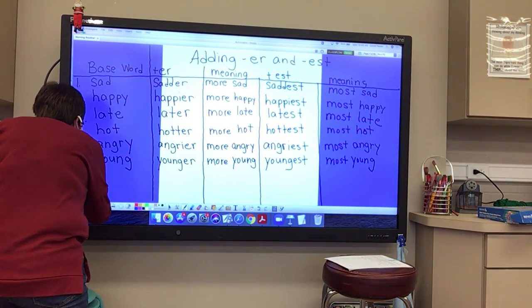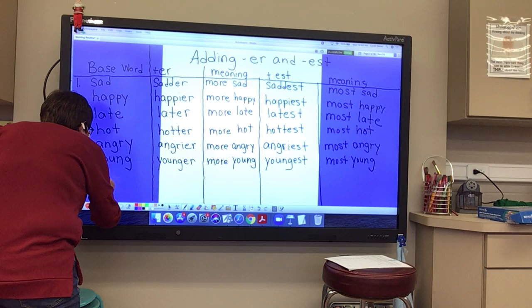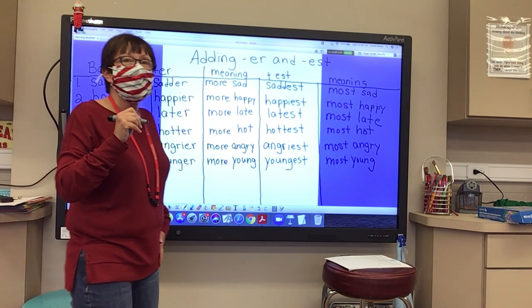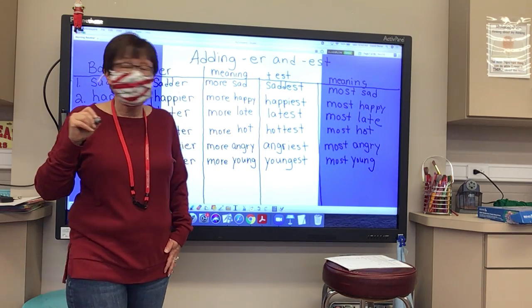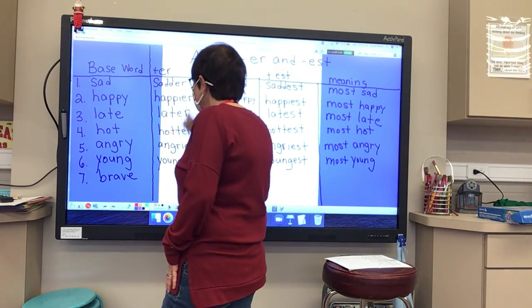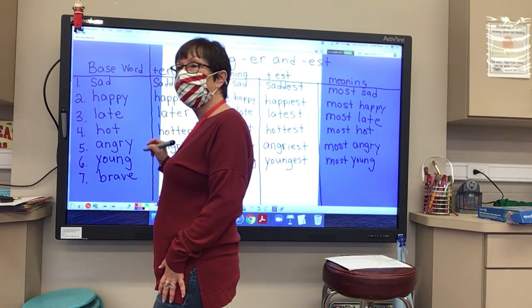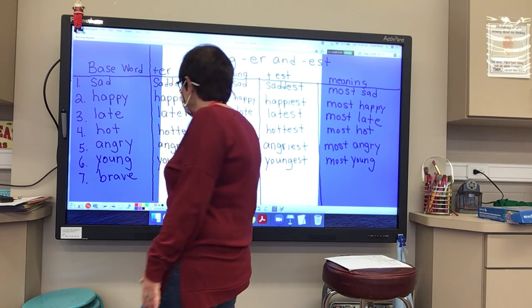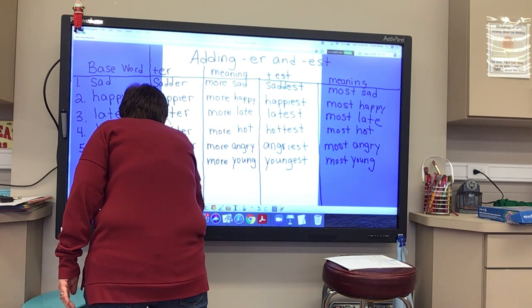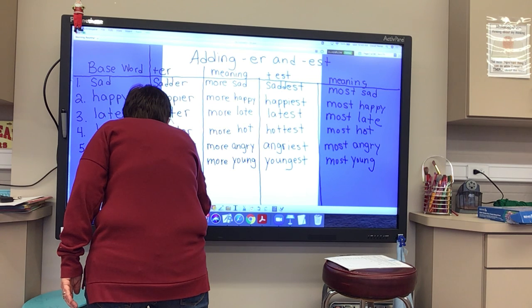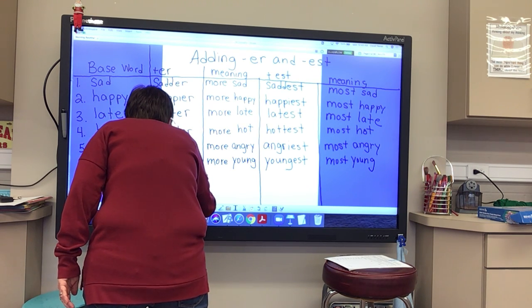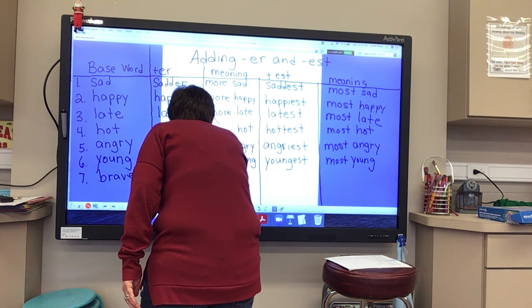Oh, here's a good word. Brave. Who hasn't done a word yet for me? Teddy. Brave plus ER is what? Braver. Spell it for me. B-R-A-V-E-R. And what does braver mean?